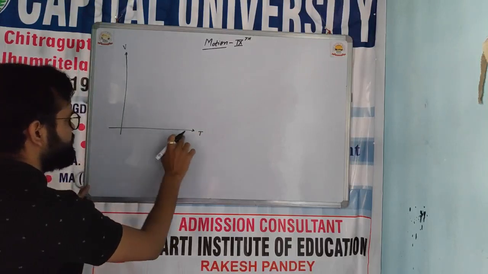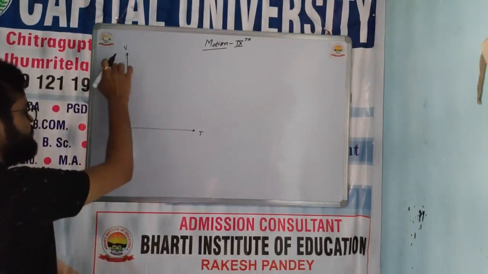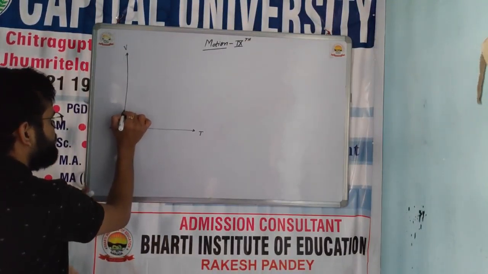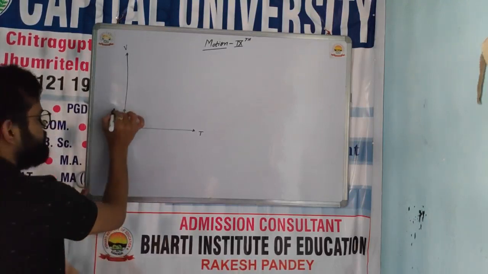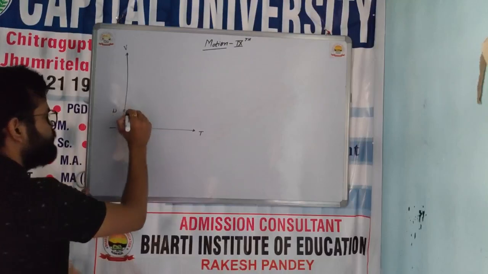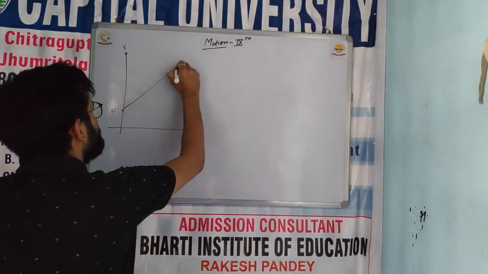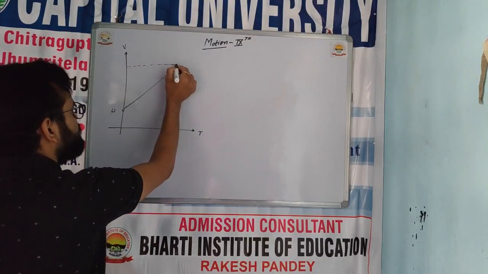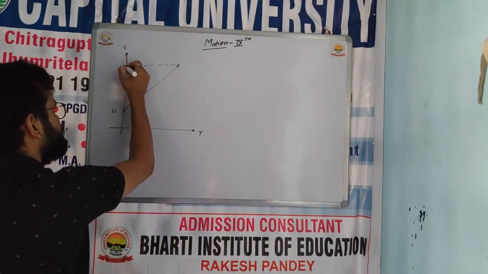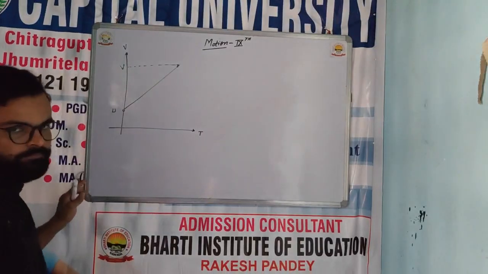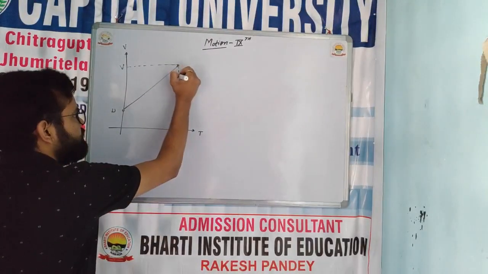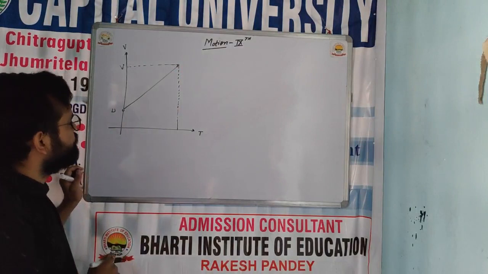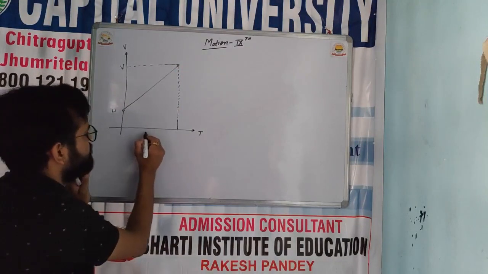It means the x-axis represents time and the y-axis represents velocity. Now, a body starts moving from here, this is its initial velocity u, and comes up here. So let this be the point having final velocity v. Clear? And in this duration it takes a time t.